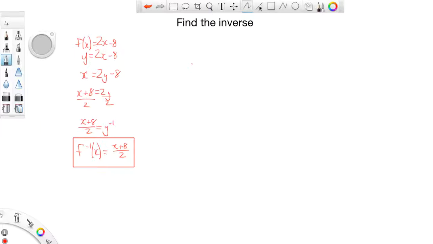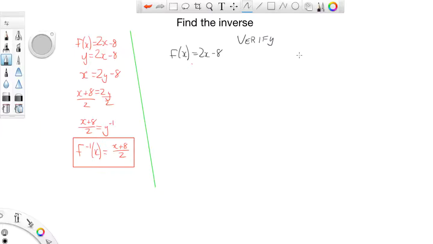Now, what we should be looking to do next is to verify. There is a type of problem where it will say verify that these two functions are inverses. In class we looked at two functions, f of x and g of x. The original function we could say is f of x, and that's 2x minus 8.